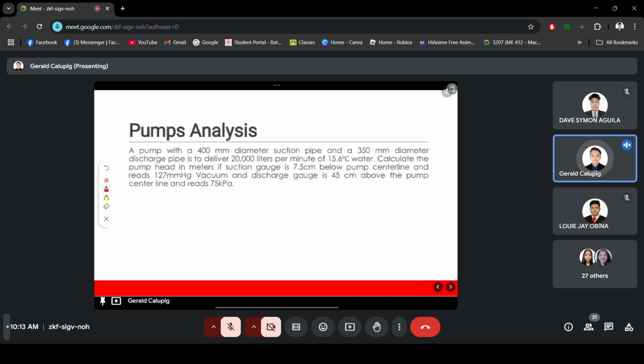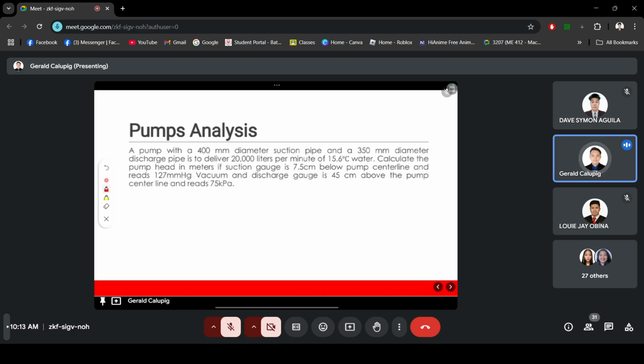So we have here a pump with a 400 mm diameter suction pipe and a 350 mm diameter pipe to deliver 20,000 liter per minute of 15.6 degrees Celsius water.